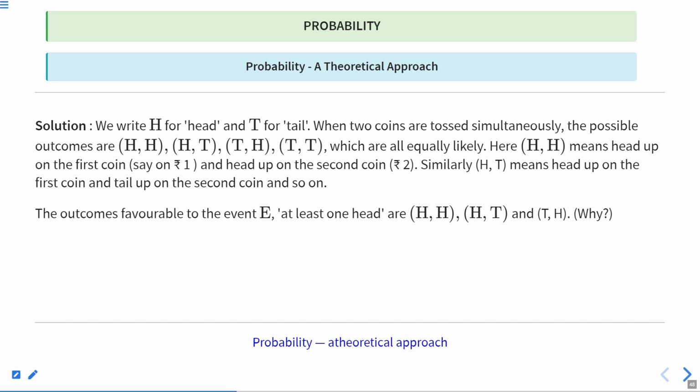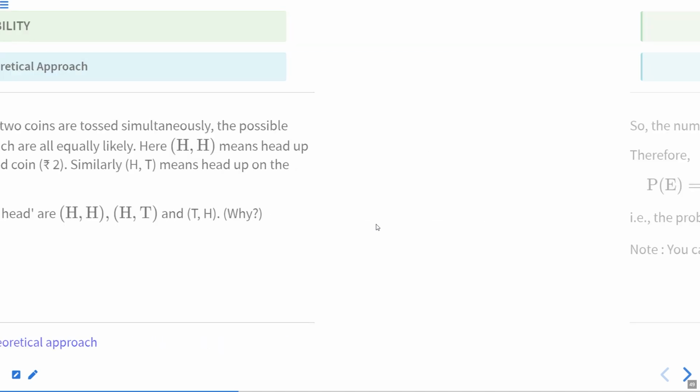Here HH means head up on the first coin, say rupees 1, and head up on the second coin, rupees 2. Similarly, HT means head up on the first coin and tail up on the second coin, and so on. The outcomes favorable to the event E, at least one head, are HH, HT and TH.